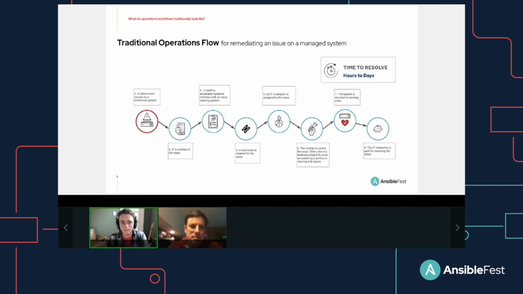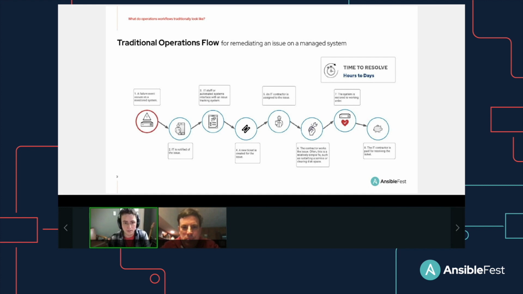Cool. So really what's happening in the traditional operations flow is that you're having some tooling that somebody's looking at or that is automatically creating an incident or a ticket.